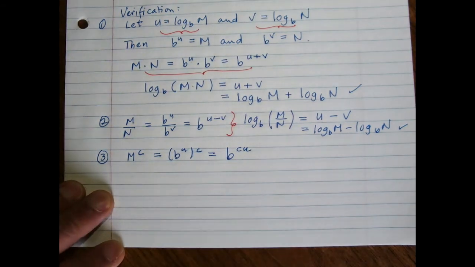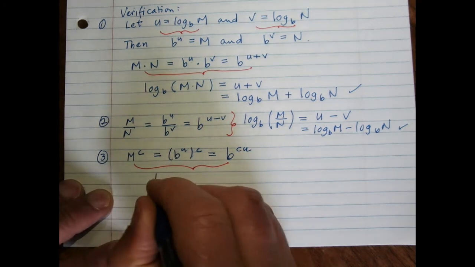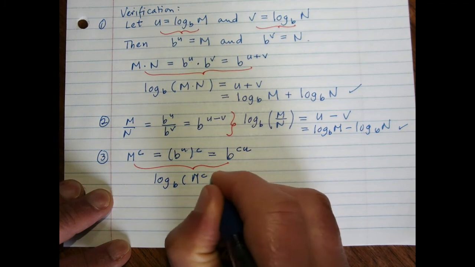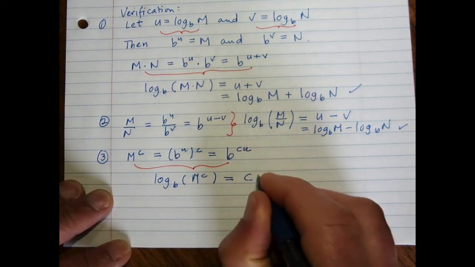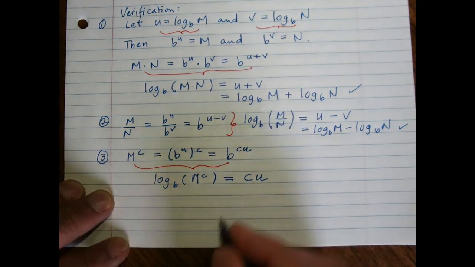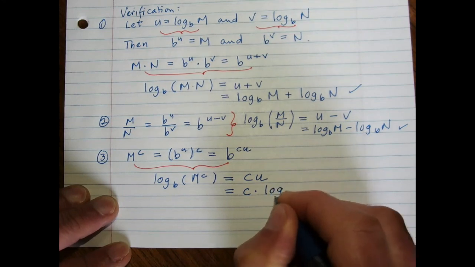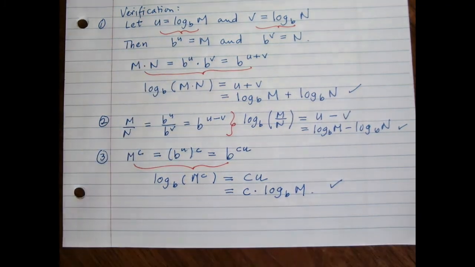And now I can turn this back into a logarithm statement. Log base b of m to the c is equal to this exponent, c times u, but that's c times log base b of m. And there we have verified the third law. So in our next video, we're going to do some problems where we apply these laws.